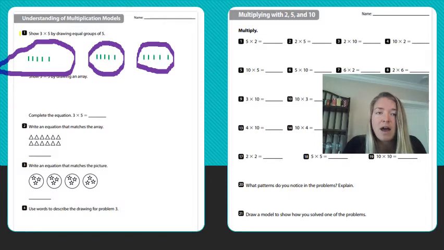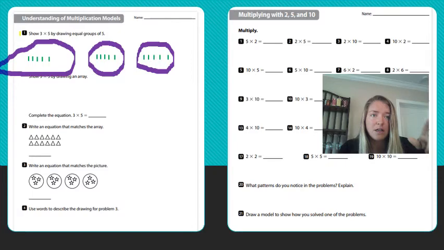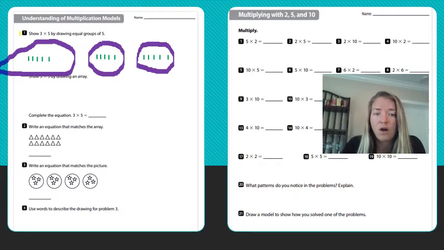Now I've drawn 3 equal groups, 3 purple groups, and I put 5 in each group. They're equal because there's 5 in every group. Not one group has more, one group doesn't have less. There's 5 in each group. To find my total, all I have to do is add up all of those green lines. So count them up.